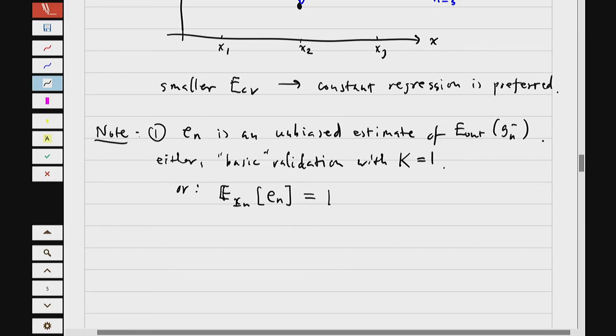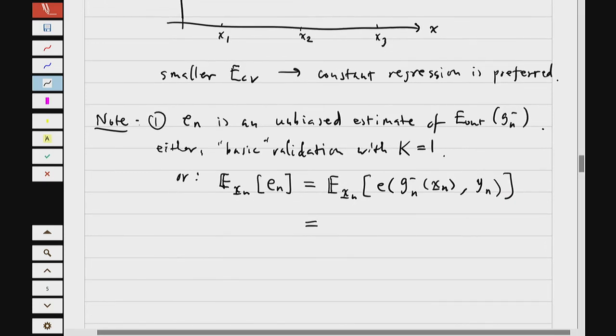So this is E over xn of e(g_n^-(xn), yn). This is just whatever error function that we have, square error or Bernoulli, doesn't matter.